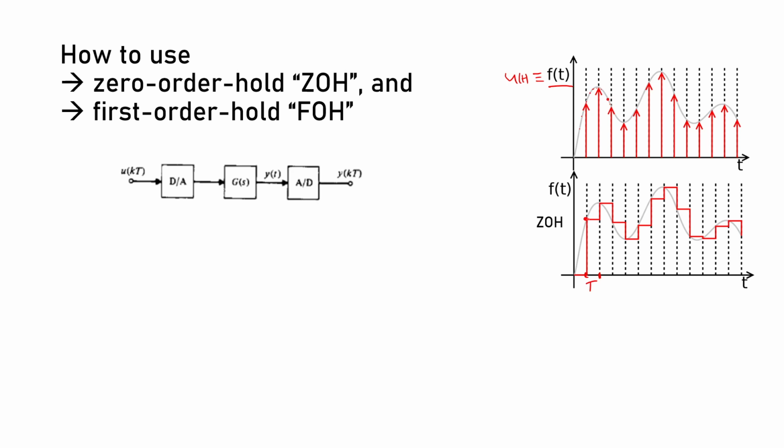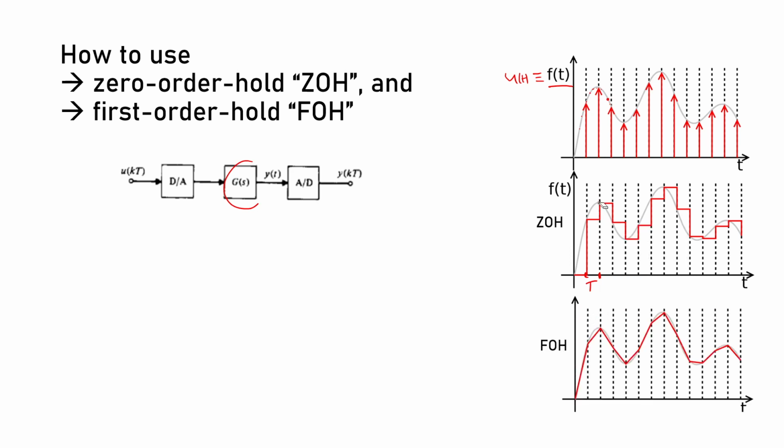From the computation of the computer, you compute the level of control input U here, and then you hold the value in order to supply to your continuous system G. So you hold the value around this period, right? Then you compute the next value at the new time step to be at this value, and then it holds the value here.